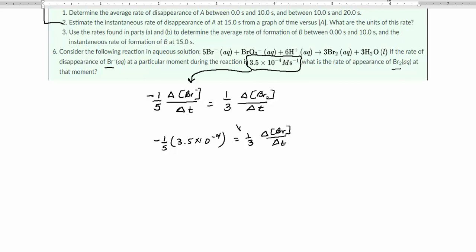So I need to multiply both sides by 3 in order to get rid of this so that I can tell the rate of appearance of this product. It needs to be a positive value because it is appearing. And I get a value of 2.1 times 10 to the negative 4 for this rate of appearance.